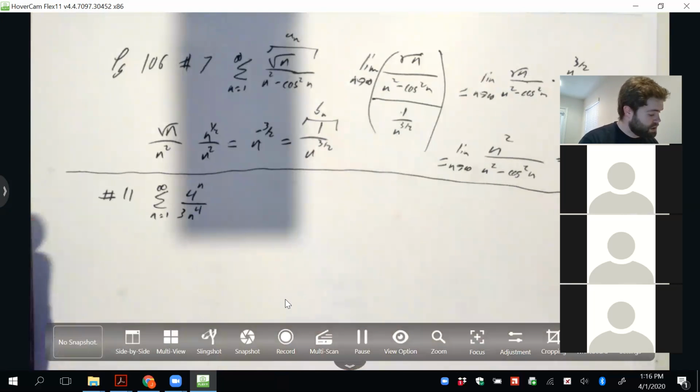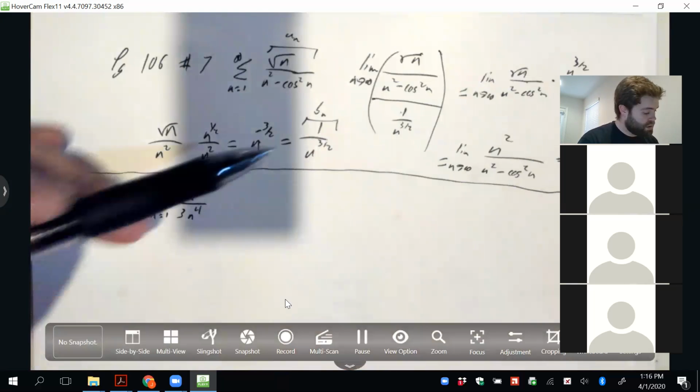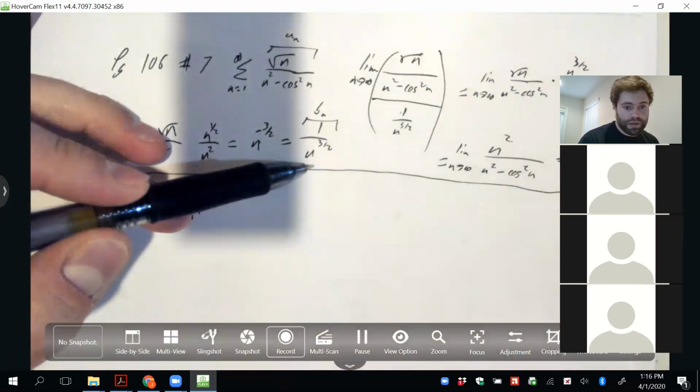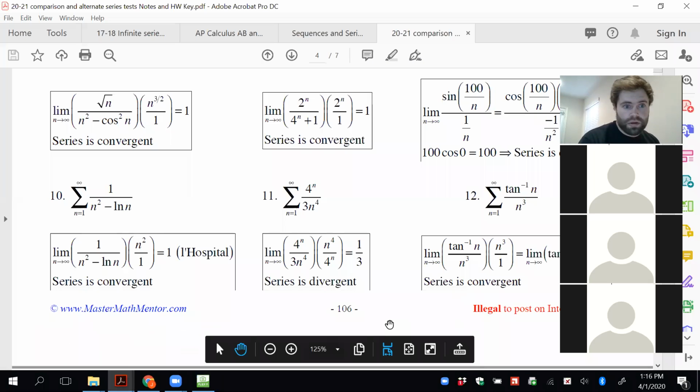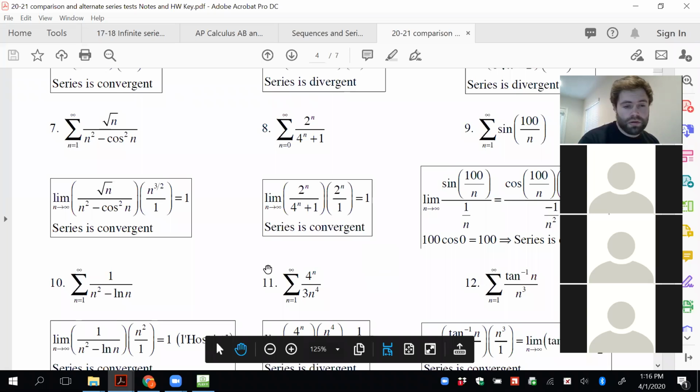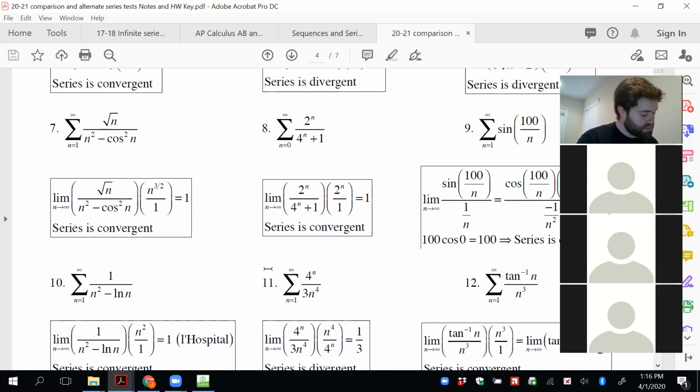This one, we compared to 1 over n to the 3/2, which is a convergent p series because p = 3/2 is bigger than 1.